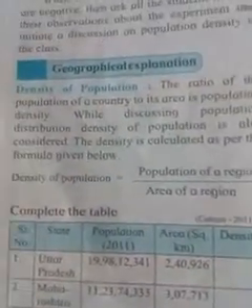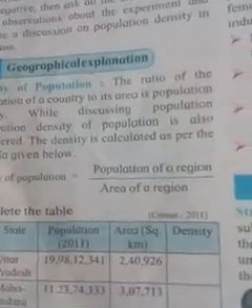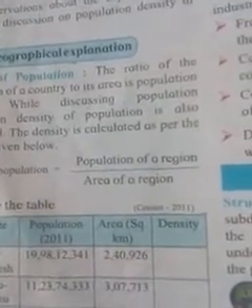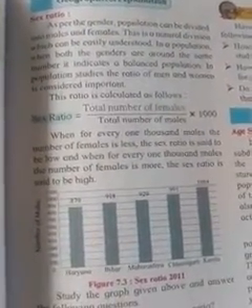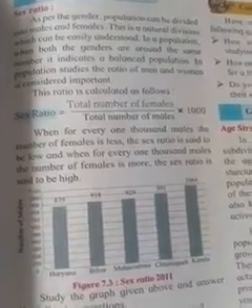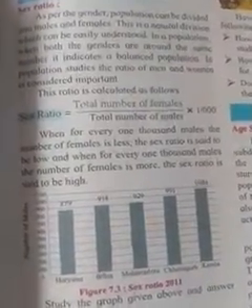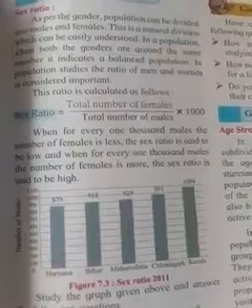What is the formula of the density of population? The density of population is equal to the population of a region divided by the area of the region. What is the formula of the sex ratio? The total number of females divided by the total number of males, multiplied by 1000. Thank you.